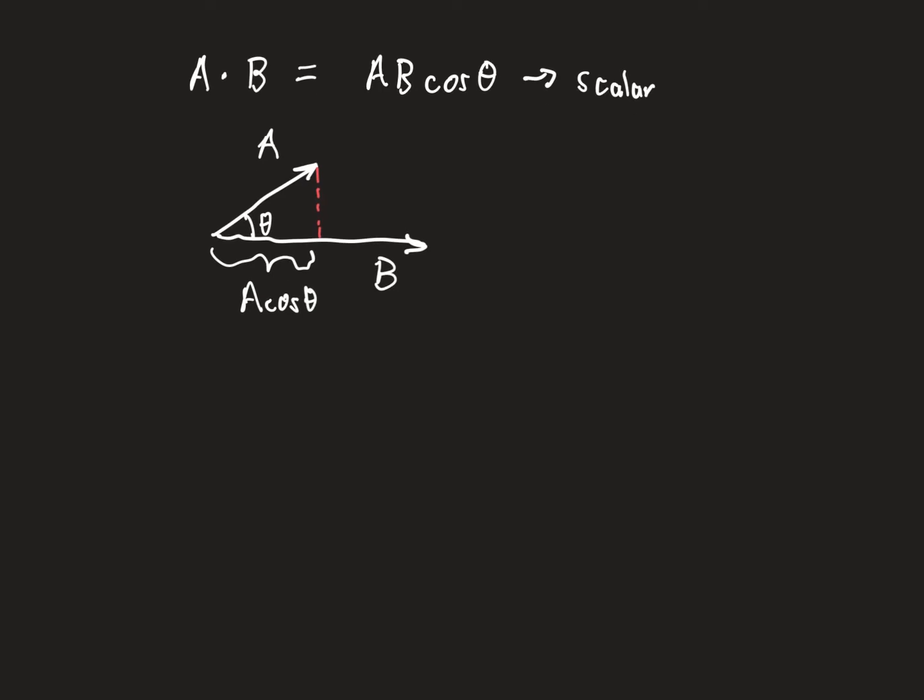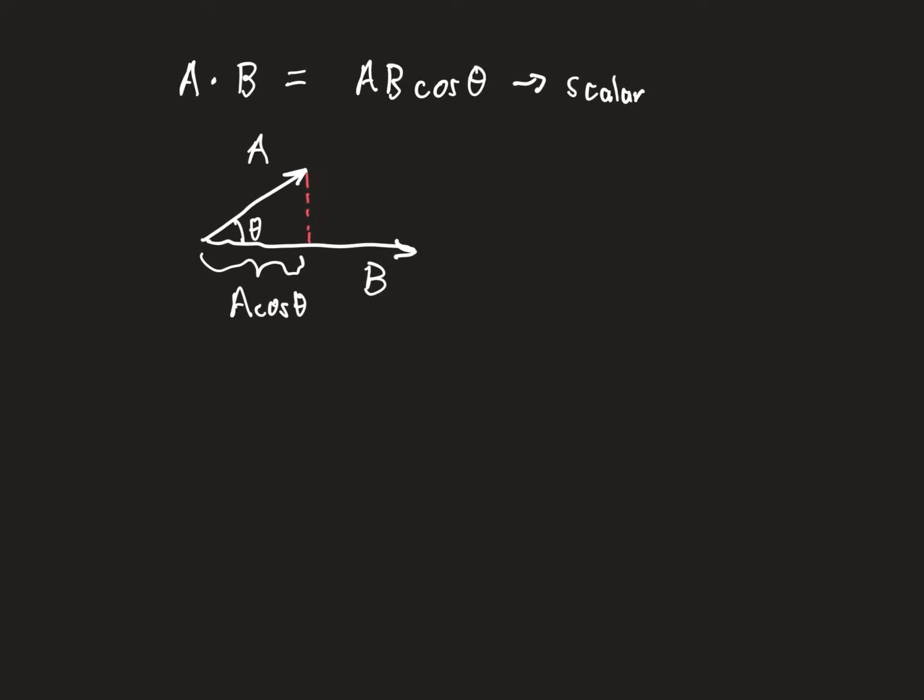Okay. Let's do the dot product of two of the vectors that you had in your homework. This is an adjusted problem number 68, if you want to look back at that later on. Problem 68 gives us two vectors.